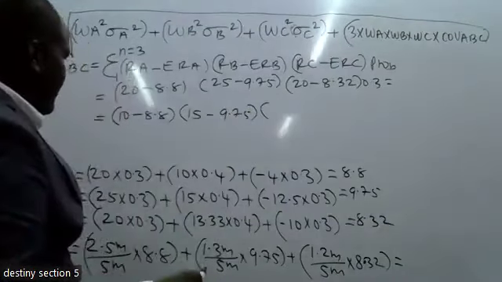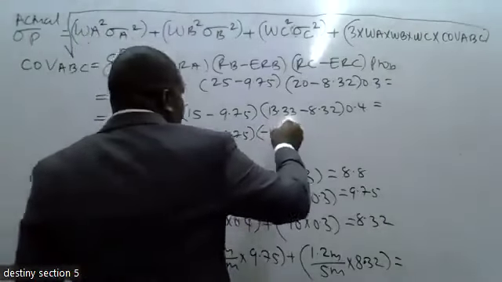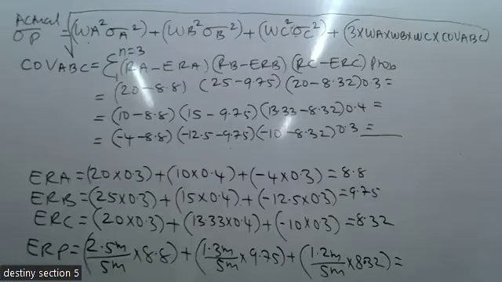Then the last one for each is -4 minus 8.8, then -12.5 minus 9.5, then -10 minus 8.3. So when you add them together, they should give you the covariance between A, B, and C.